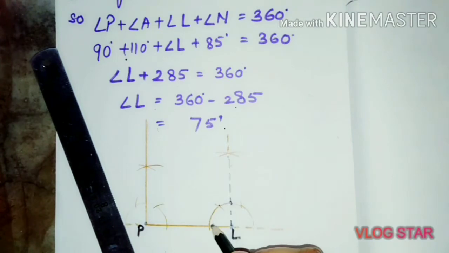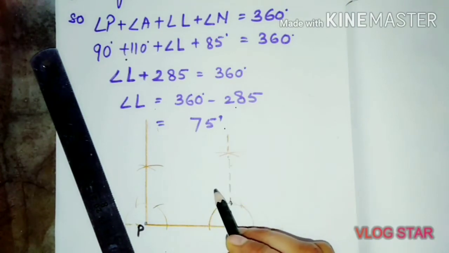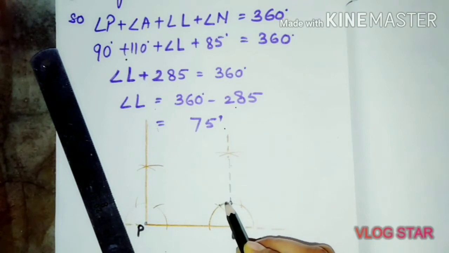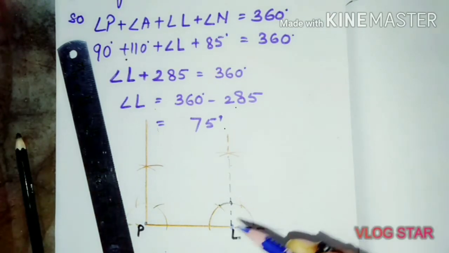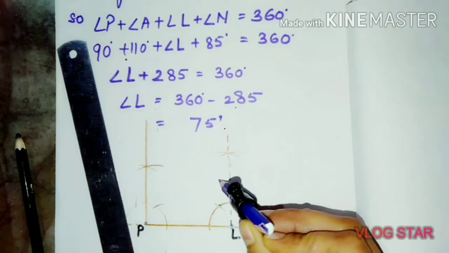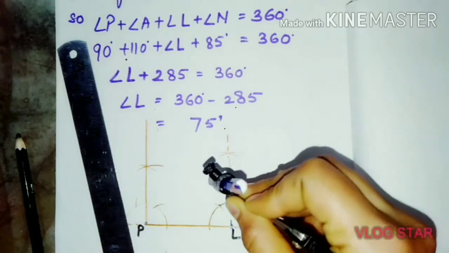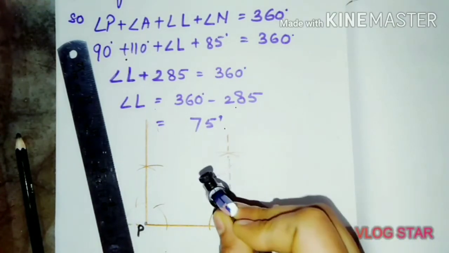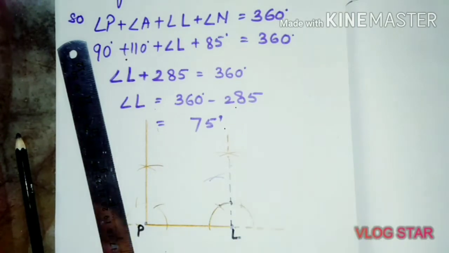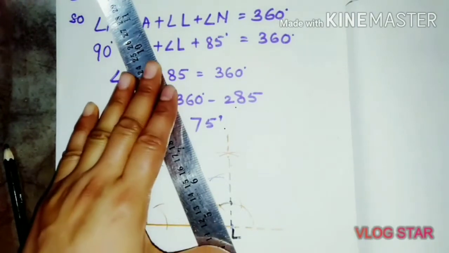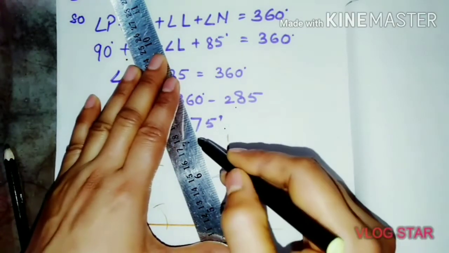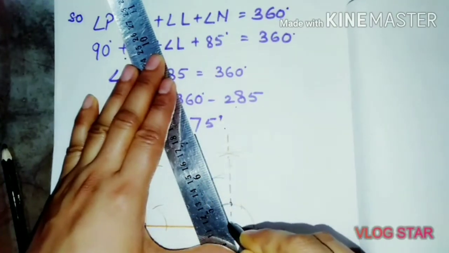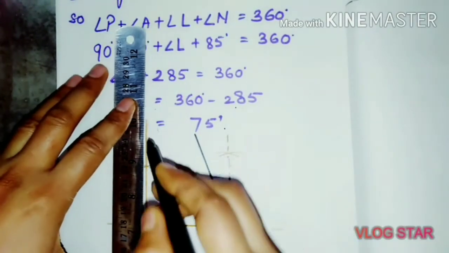For 75 degree we need 60 plus 15. This part is 30 degree. We have to bisect this 30 degree. So from this point draw the arc, and from this point draw another arc and join and extend.